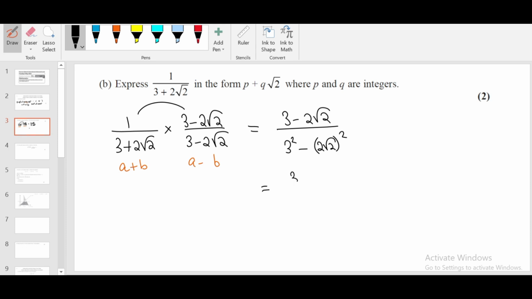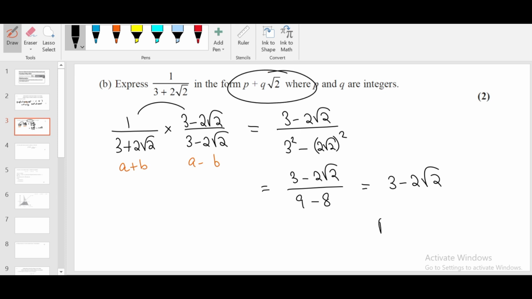So you will get 3 square is 9 minus. Use your calculator and find (2 root 2) whole square. You will get 8. 9 minus 8 is 1. So you get 3 minus 2 root 2. Compare it with this. p is equal to 3, q is negative 2. That's all.